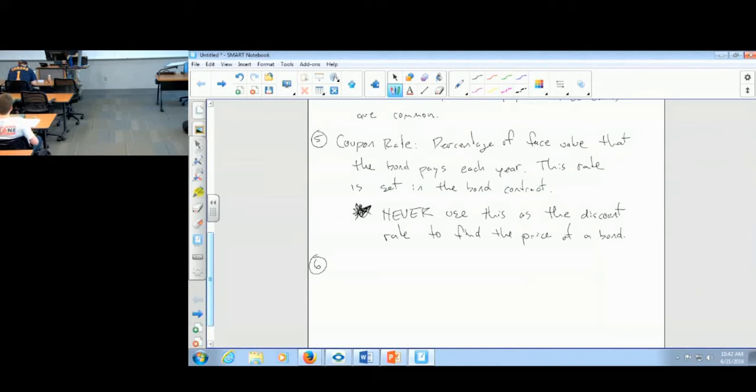The only thing we use the coupon rate for is to calculate the coupon payment. Actually, let me back up and add that to your notes too, so you have it when you go back. It's only used to find the coupon payment.